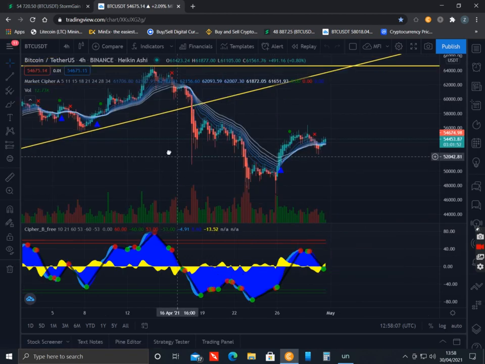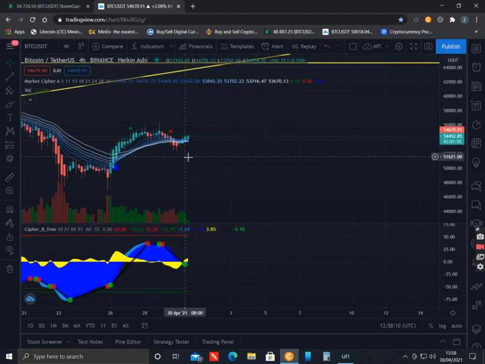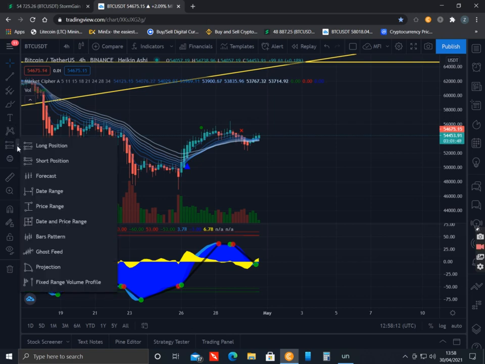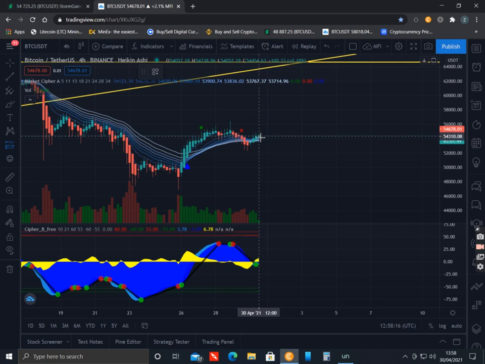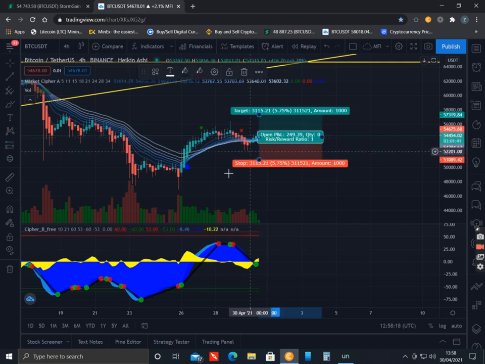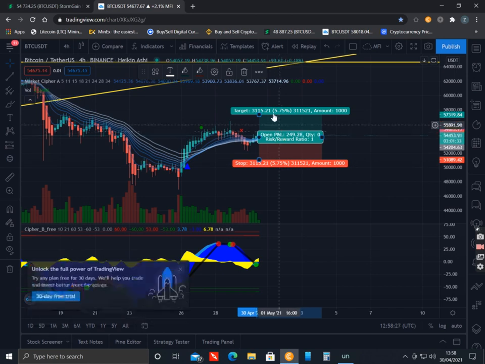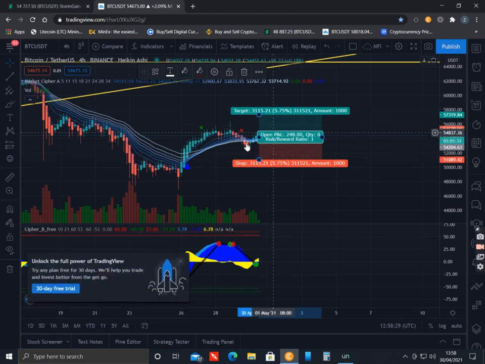It is a little bit complicated looking at this screen right now, but it says long position, so if I was to get in there, this is a 1-to-1. It says there the reward ratio is 1, so you'd lose just as much as you would gain. This helps pinpoint where you would like to get in and get out.